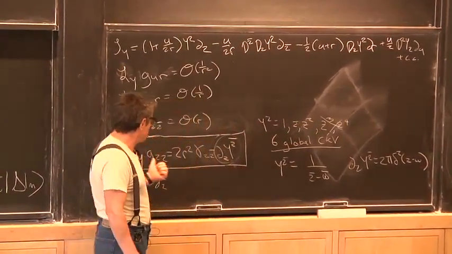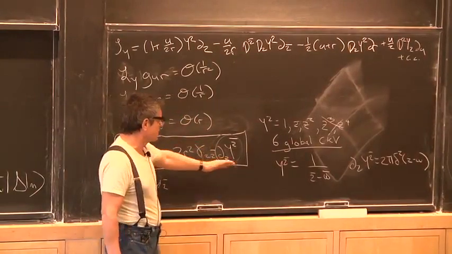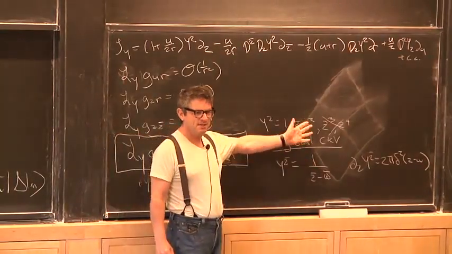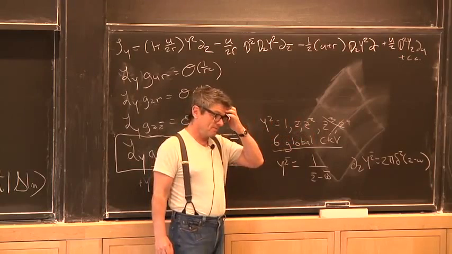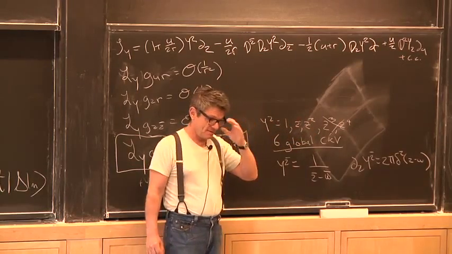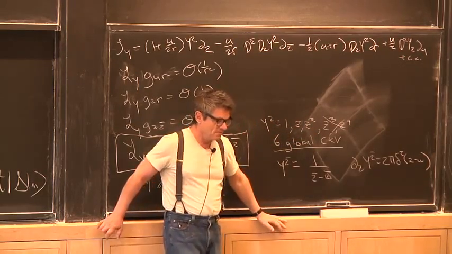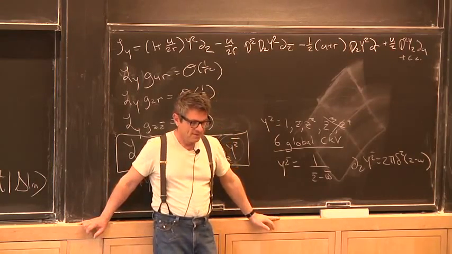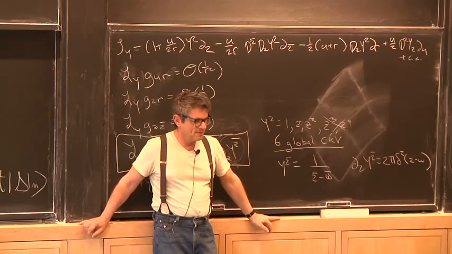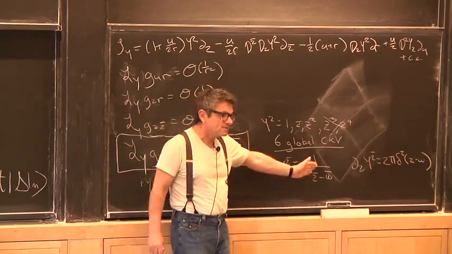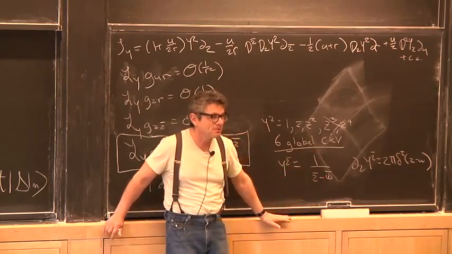So when BMS saw this, they said, okay, we're throwing out all these guys. We're just going to keep these 6. But when BPZ saw it, they said, well, let's keep the whole thing.